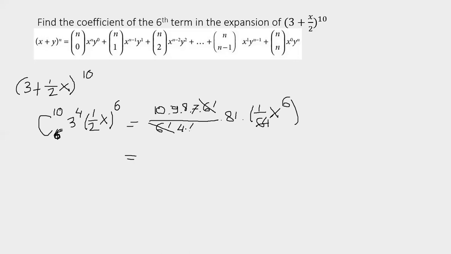So 10 times 9 times 8 times 7 divided by 24 gives 210, times 81 equals 17,010 x power 6.